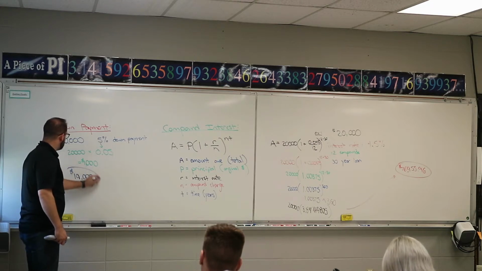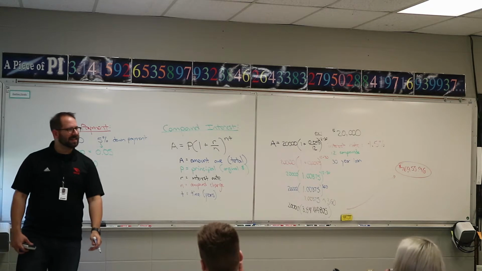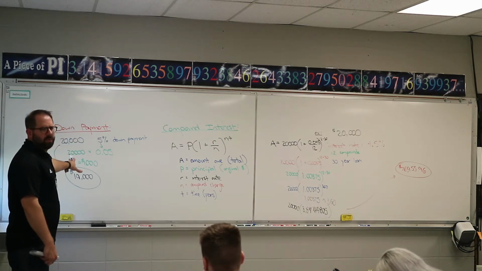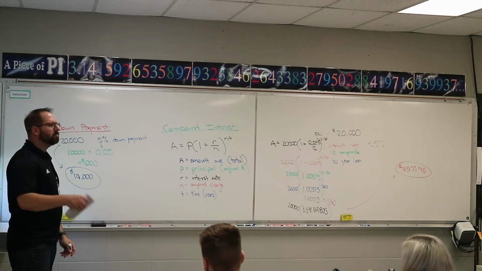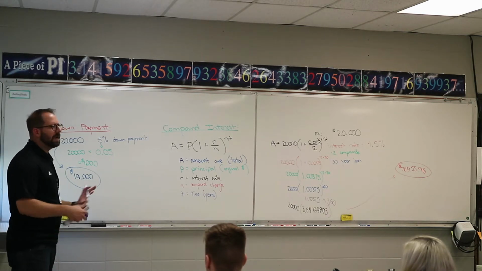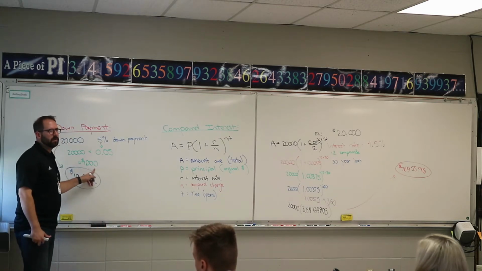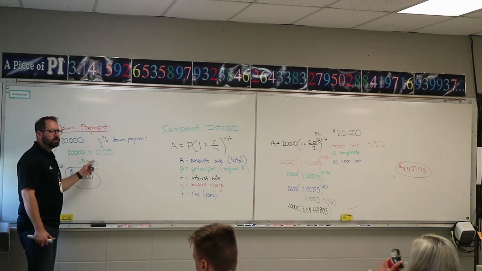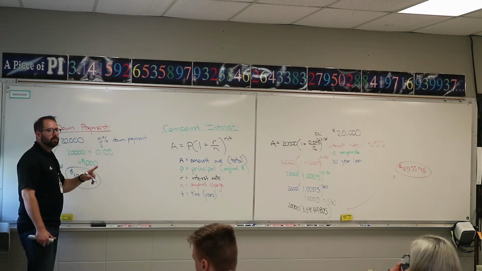You put a down payment, so now the home isn't 20, it's 19. How much money did we put down? 1,000. Maybe you saved as much money as you could over a year. You tried not to spend it. You just saved up $1,000, and that doesn't seem like a lot for most people. To me, that's a lot of money, saving up quite a bit over 1 year. And you're going to purchase a home at 19,000.